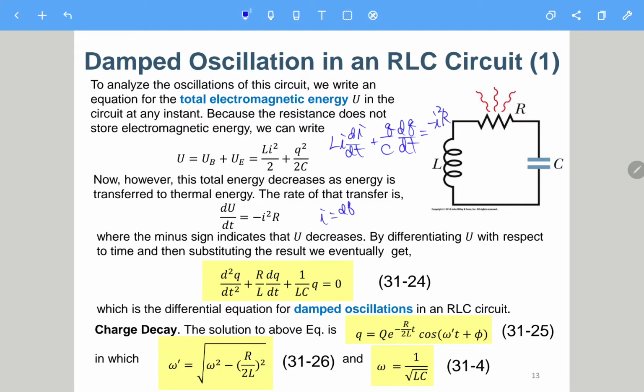Then similarly we can plug in I equals dq/dt, and plug in here.